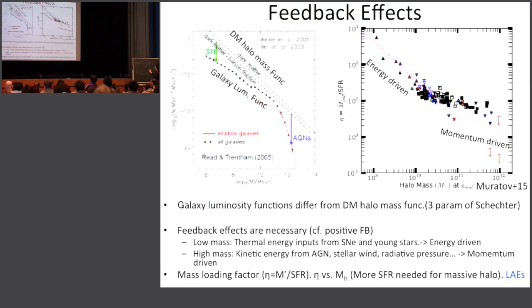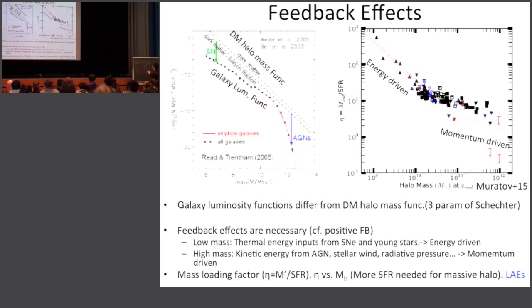And there are two major sequences of the mass loading factor depending on two major physical mechanisms. For the low mass end, it's quite steep. So this is made by the thermal energy inputs from supernovae and the young stars and so on.